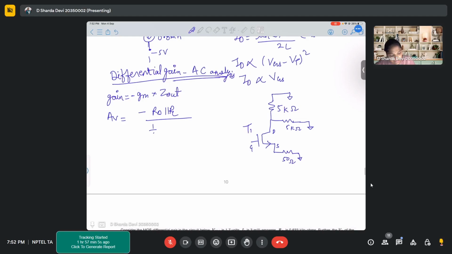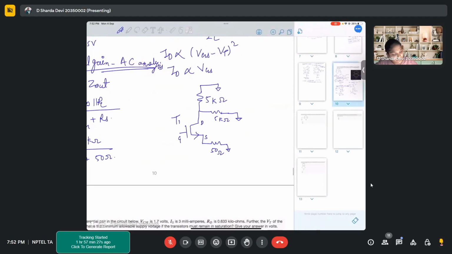So this is the same thing. We'll simply put the values for RD parallel RL, which is 5 parallel 5 kilo ohm, divided by 1 by gm plus 50 ohm. Now we have to calculate the value for gm.